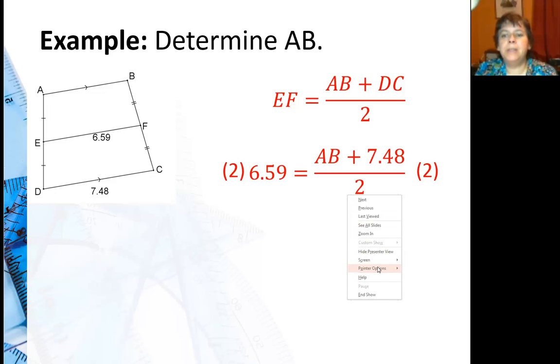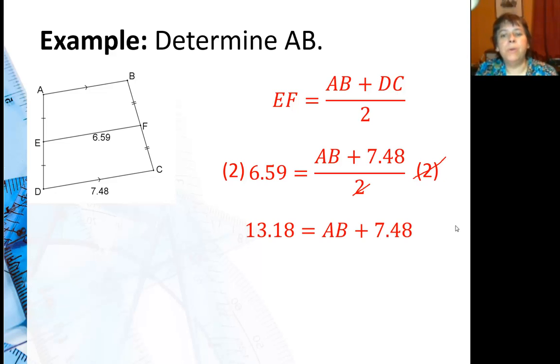So basically those two cancel to 1, right? And then I get 13.18 equals AB plus 7.48. Subtract 7.48 from both sides, and I get the length of the base AB is 5.7. So it really wasn't too bad as long as you know to substitute into that left side.